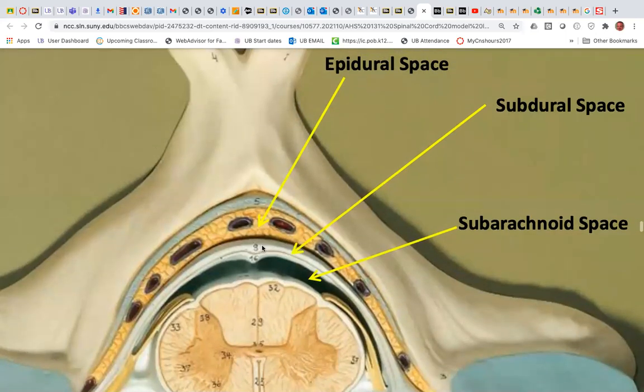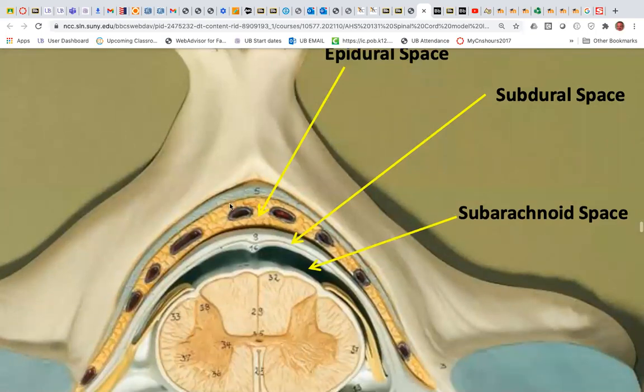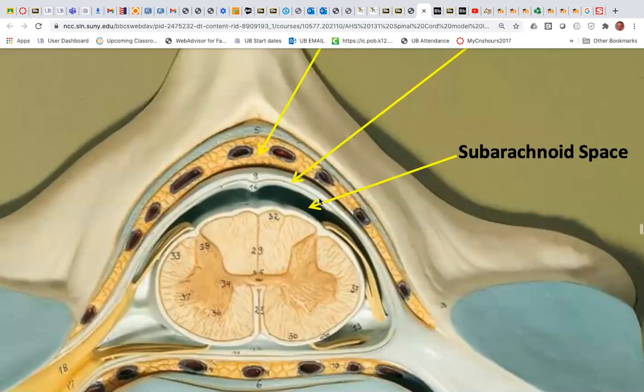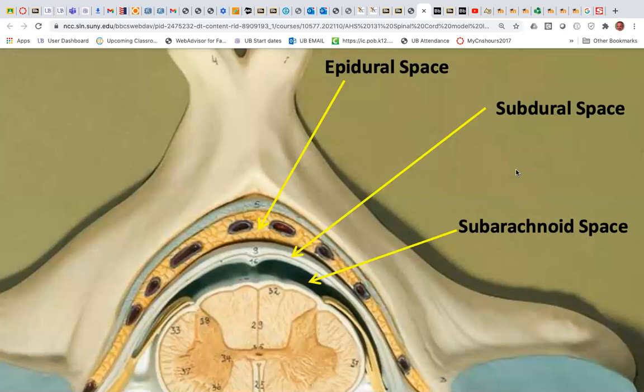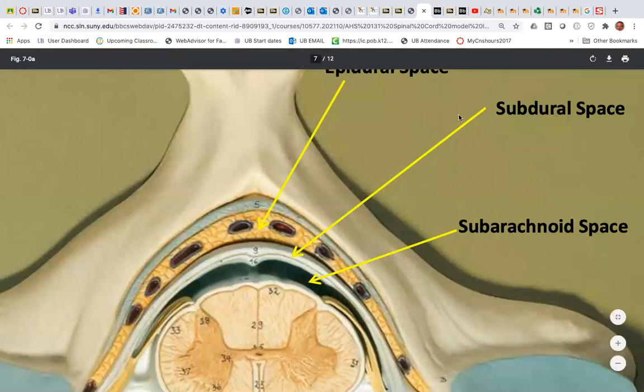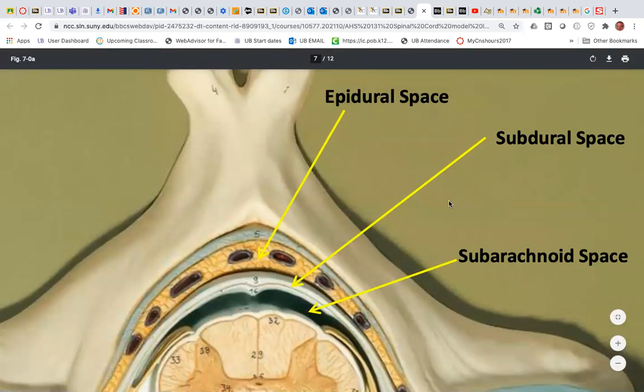And then above the dura mater is the epidural space, which is filled with fat and some blood vessels. This is all adipose, more cushioning. Okay. Number 5 is another ligament. It's called the ligament flavum. Ligament flavum, it means yellow ligament. So those are the spaces. The slide before did the meninges, and these are now the meningeal spaces.